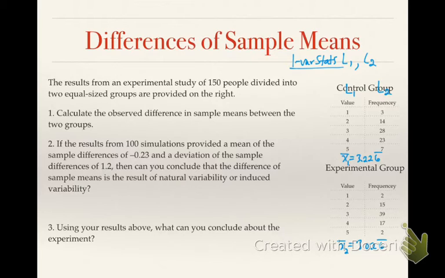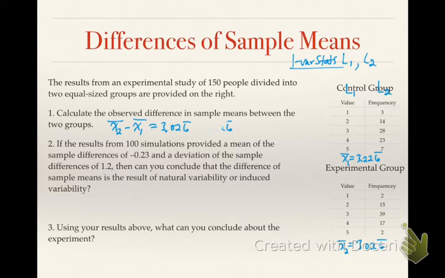So for part 1, number 1, it says calculate the observed difference in sample means between the two groups. We're going to do that by taking the second mean minus the first mean, which gives us 3.026 repeating minus 3.226 repeating.